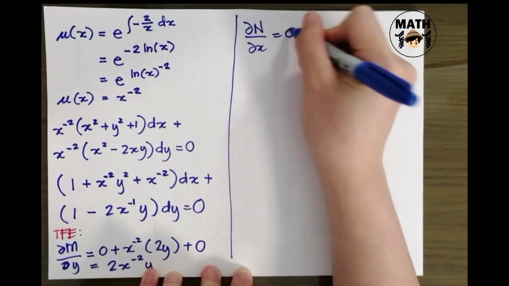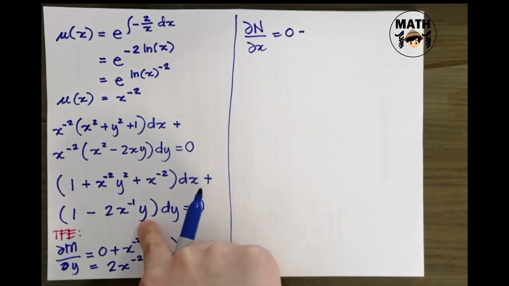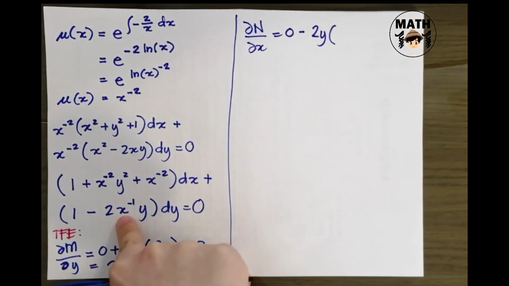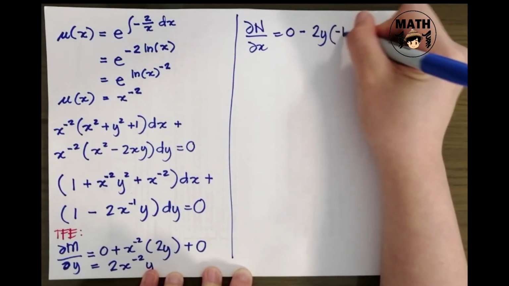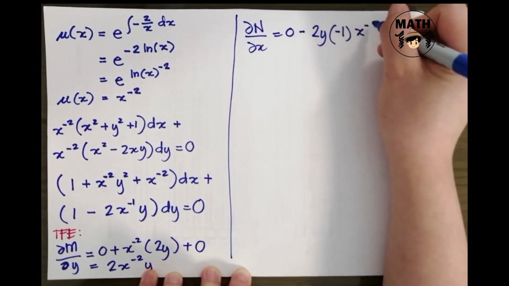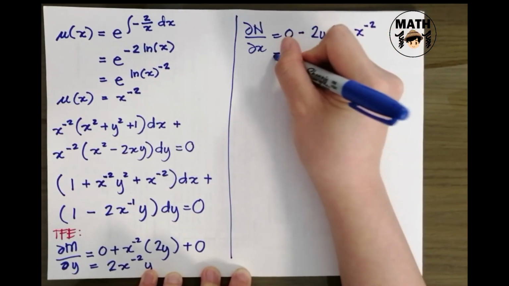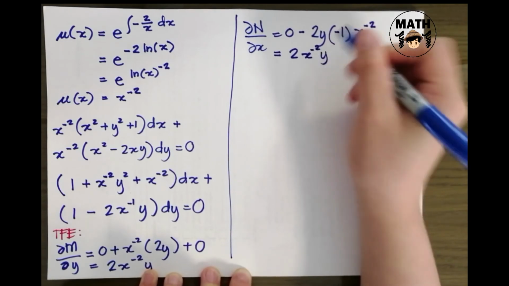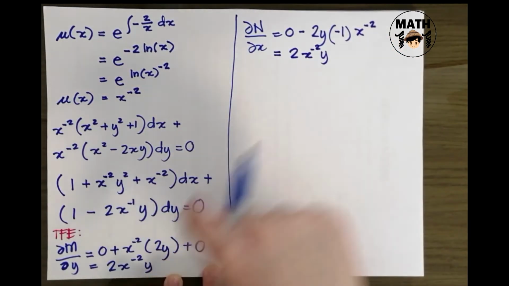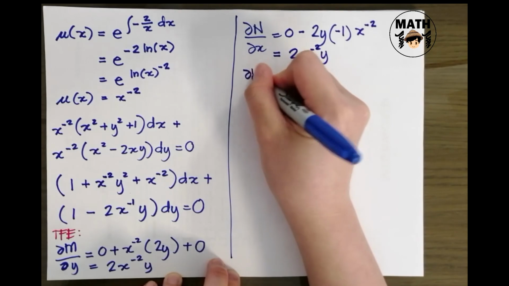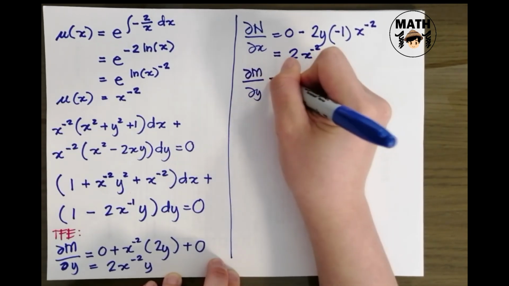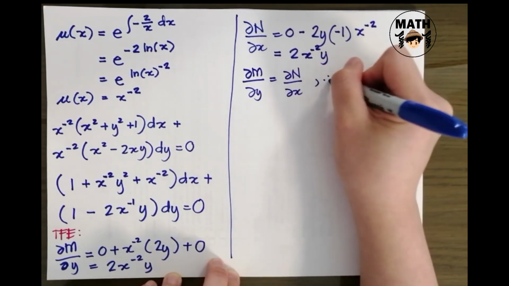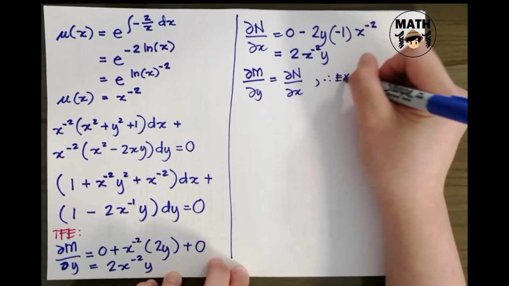Constant minus, y taken as constant, derivative of x raised to negative 1 is negative 1 multiplied by x raised to negative 2. Simplifying this, 2 x raised to negative 2 times y. Comparing these two now, we can see that they are equal. Therefore, the differential equation is now exact.